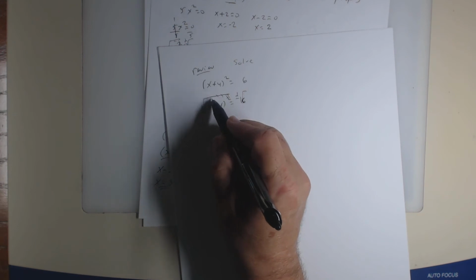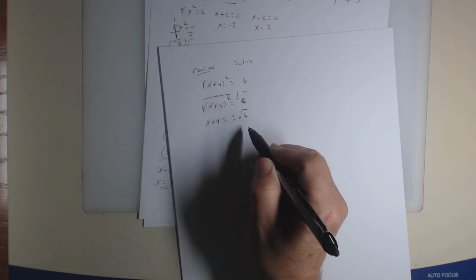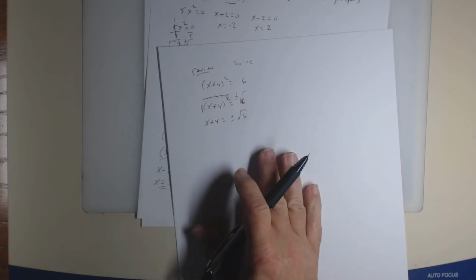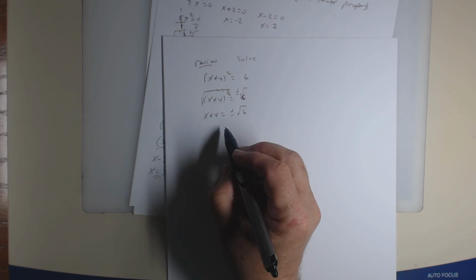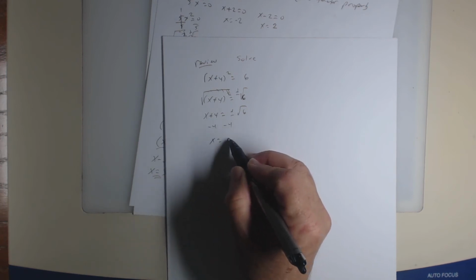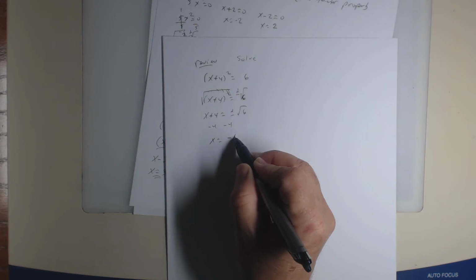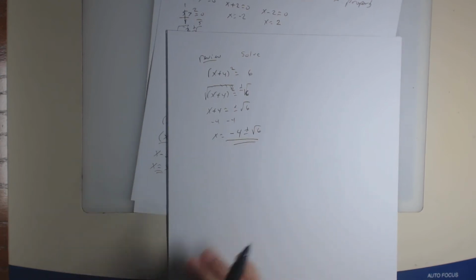So the square and the square root undo each other, so you said x plus 4 has to equal plus or minus square root of 6. Y'all agree? All right, now this is irrational, correct? So my answer then would just be x equals negative 4 plus or minus square root of 6.